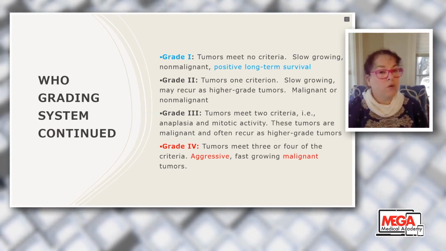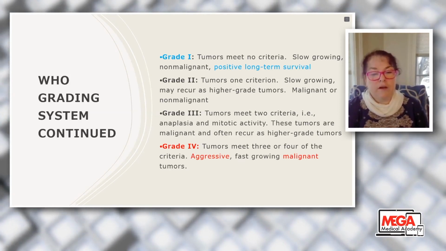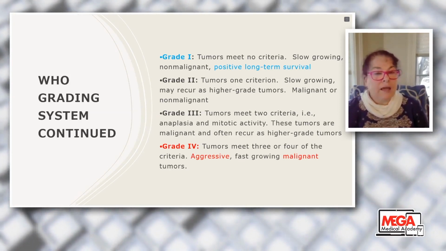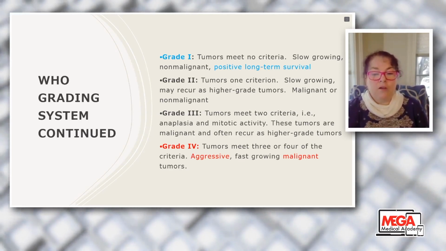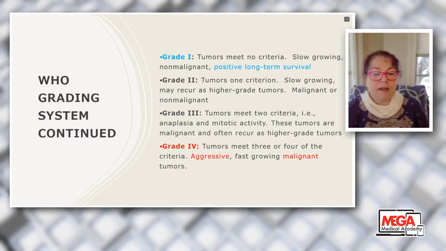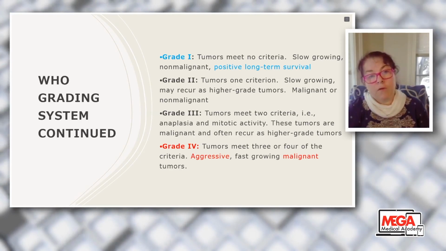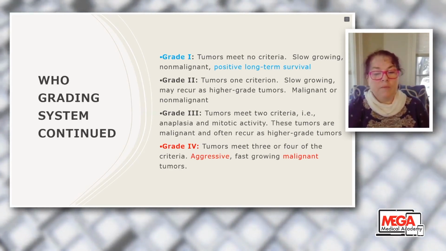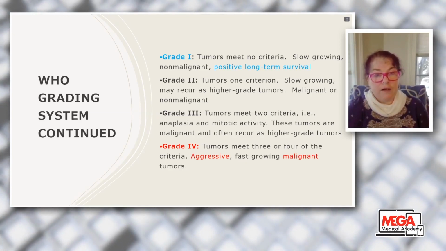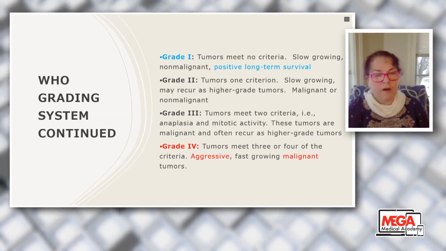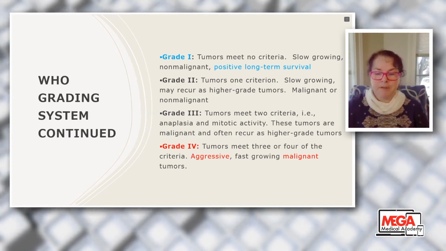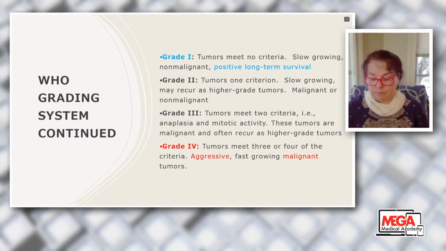Grade 3 WHO tumors meet 2 criteria, such as being anaplastic and/or having increased mitotic activity. They are usually malignant, and they often recur as higher grade tumors also. And the worst is grade 4. These tumors meet 3 to 4 of the criteria, and they are aggressive, bad tumors. They're fast growing and malignant. So that's the worst type.